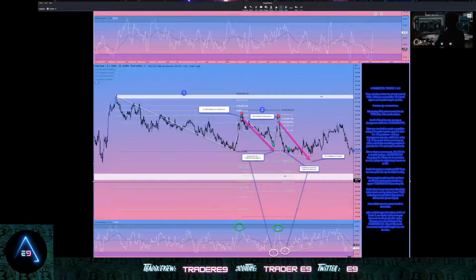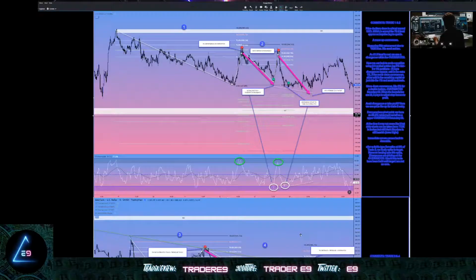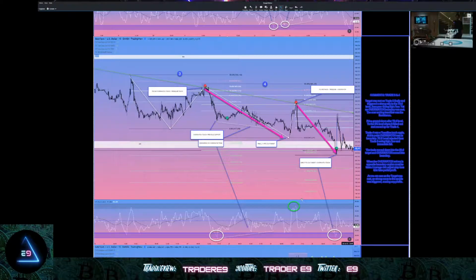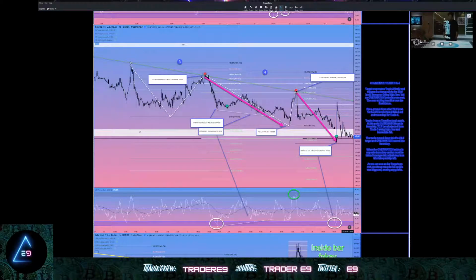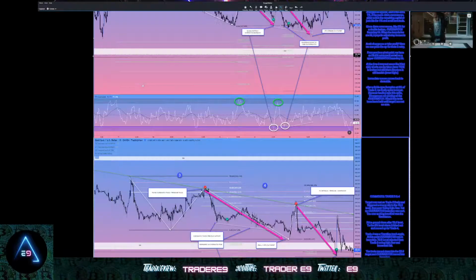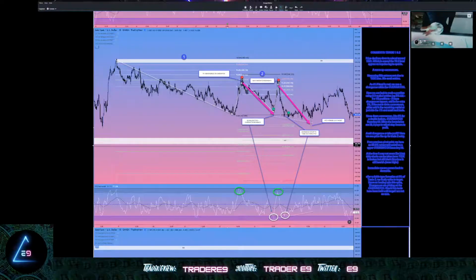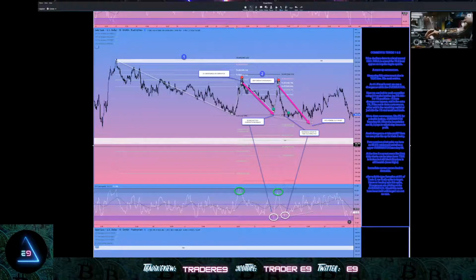Okay, so moving down to the next trades. So trade 3, I completely forgot to talk about this trend line here because it's not drawn onto this one, but this trend line is very clean and clear.